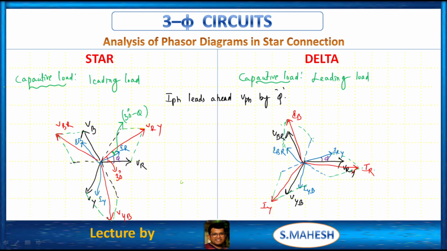Like that, in this case also, what is the phase angle between line current and phase current? This is line current, right? Line current versus phase current. Between IRY and VRY is phi. Like that, between this phase current and line current, what is the angle? 30 degrees, right?